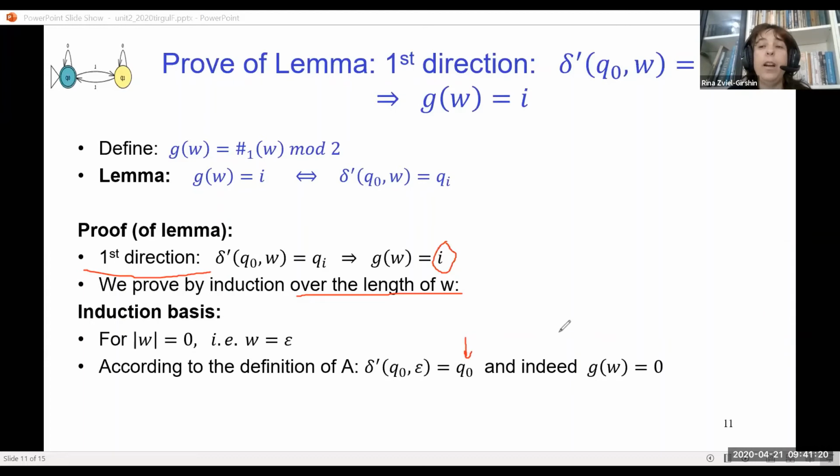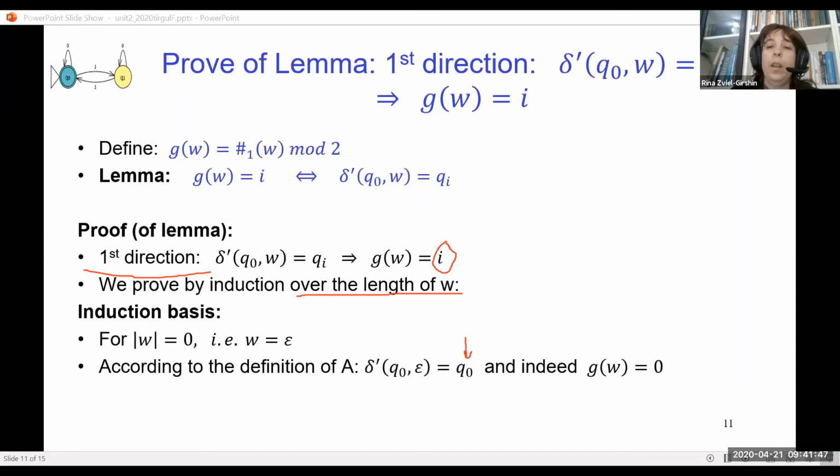And if I use my function G(W) that I defined, the number of ones in the empty word is 0, and 0 modulo 2 is 0. So indeed, we have G(W) equals 0. Any questions here about the basis?